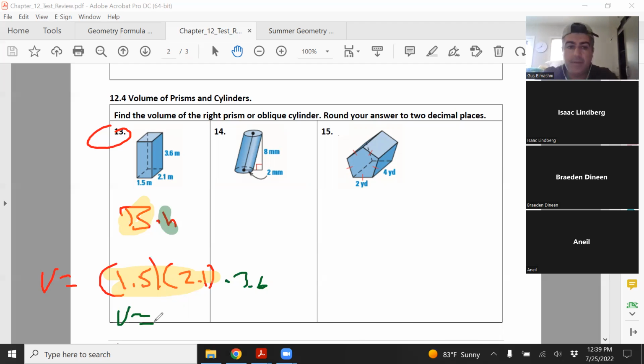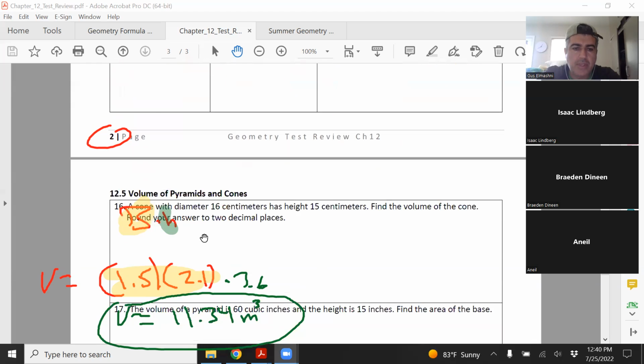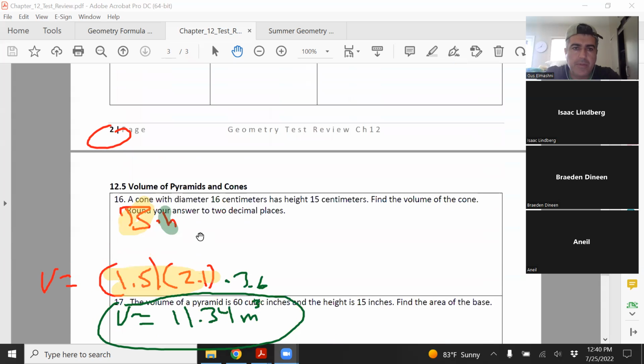Again, use a calculator. You have to get 11.34, and it's cubic meters. Okay. And just double check the answer key. Yep, 11.34 cubic meters.